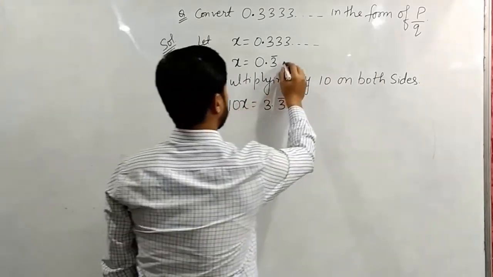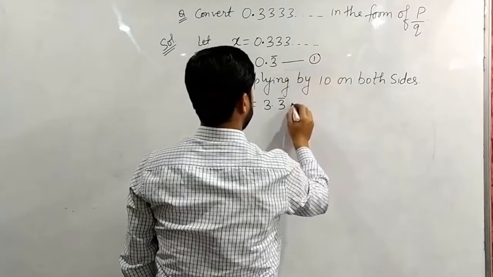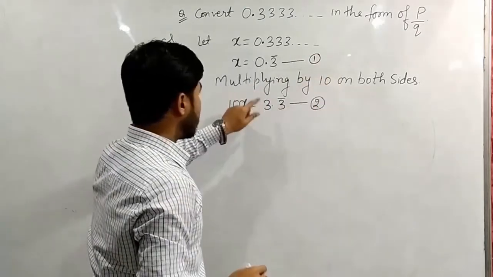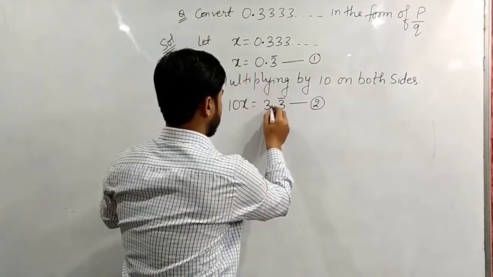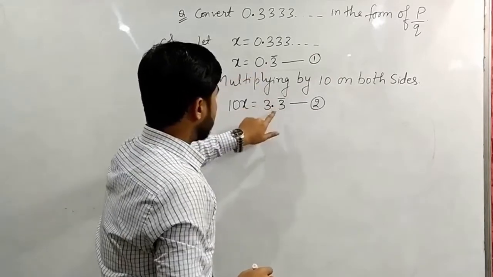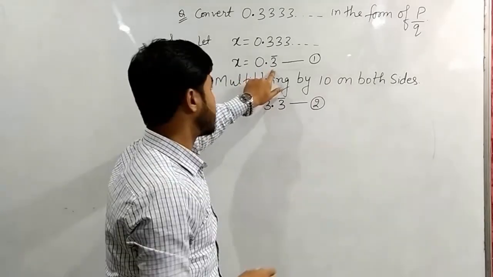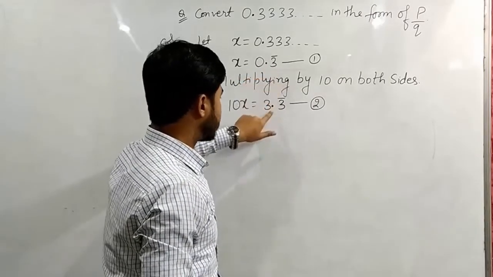Now consider this as equation 1 and this as equation 2. Now if I see here, after the decimal here is 3 bar and here also 3 bar. There is an infinite stream of 3 here after the decimal, and the same here also.